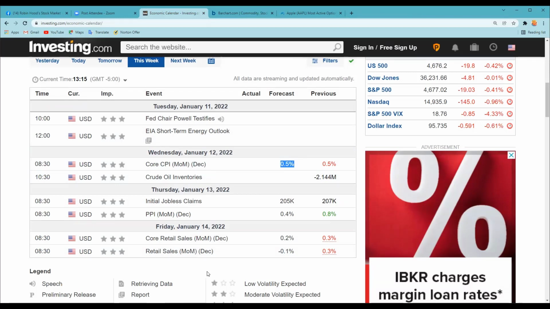If it's a weekly or monthly report, it'll have a very decent impact. Weekly reports like crude oil inventories and unemployment have a pretty good impact, just not as much as a monthly, quarterly, or yearly economic report, which is one of the reasons why the first quarter becomes so bearish: the yearly economic reports that are soon to come.